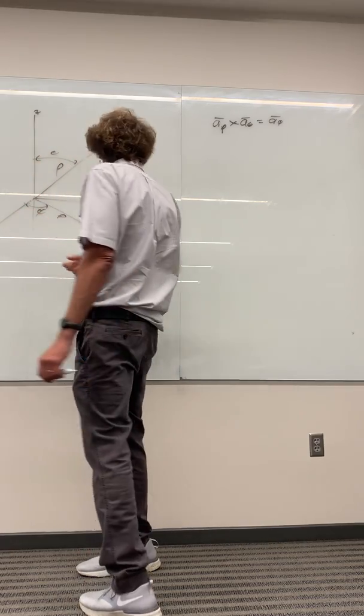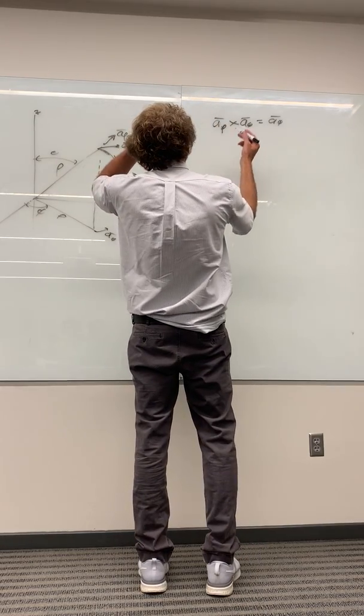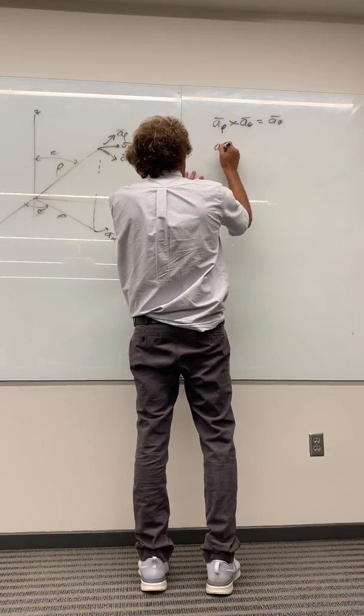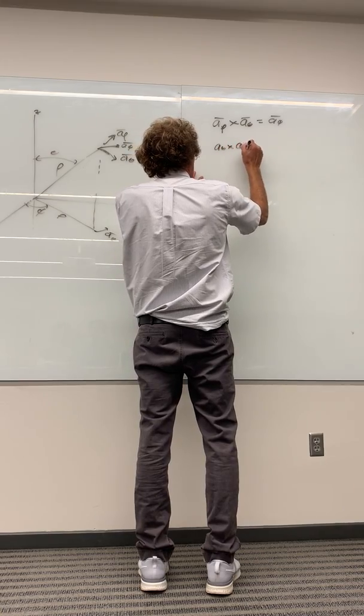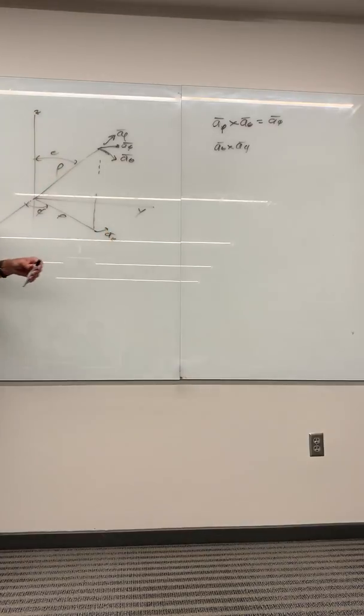All right, now, do the next one. What if I have A theta crossed into A phi? This one's probably a little hard to see. Well, I have A theta pointing down, right? Crossed into A phi into the board, right? Gives me what? My thumb is A rho pointing out. Do you see it?